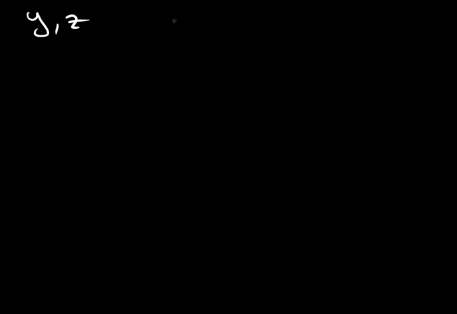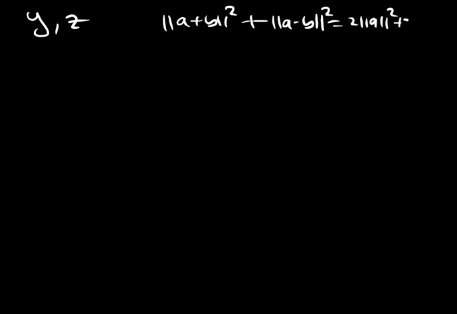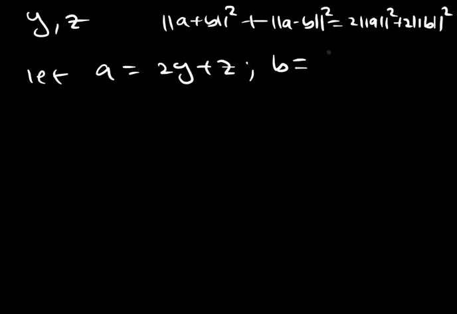For that sake, let's say norm of a plus b whole square plus norm of a minus b whole square is 2 norm of a whole square plus 2 norm of b whole square. Okay. Let a be equal to 2y plus z and b is equal to just z.